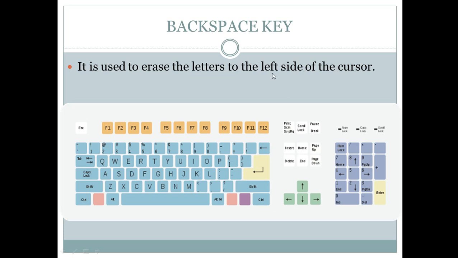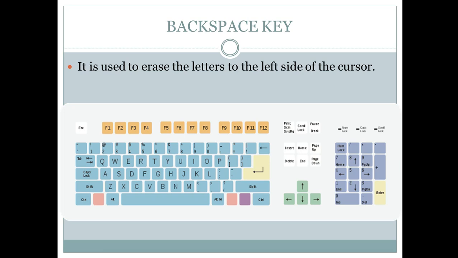Okay, theoretically what is there that we can erase? Erase means we can remove. While writing in a notebook, sometimes we write incorrect spellings, so what we do, we erase it with an eraser, or we can say we rub it with an eraser. Similarly, while typing, sometimes we make typing mistakes.